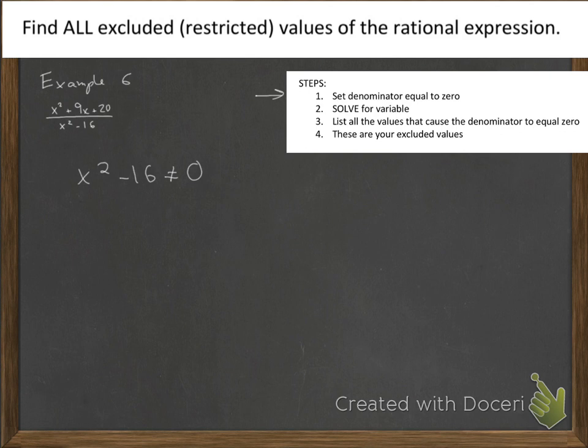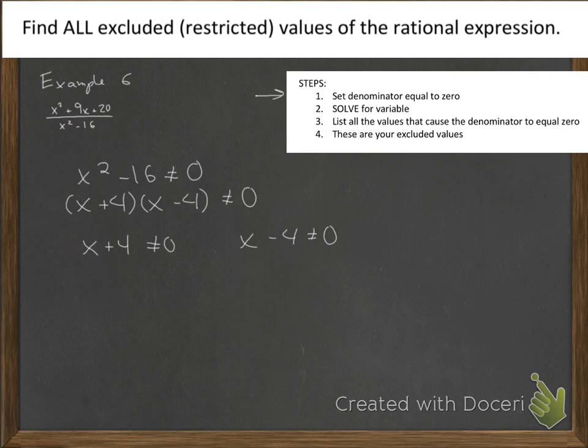Okay? So hopefully this is triggering your memory and your spidey senses are tingling and you're thinking to yourself, OMG, that is a difference of squares and I can factor it. And that is in fact exactly what we're going to do. It is a difference of 2 squares, so we factor it and then we set both linear terms not equal to 0. Because again, these are restrictions.